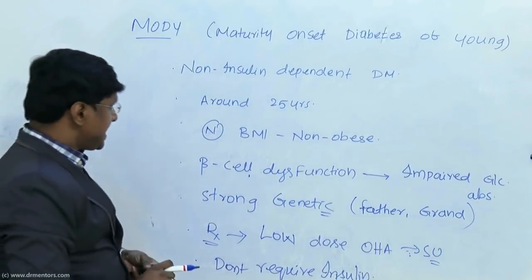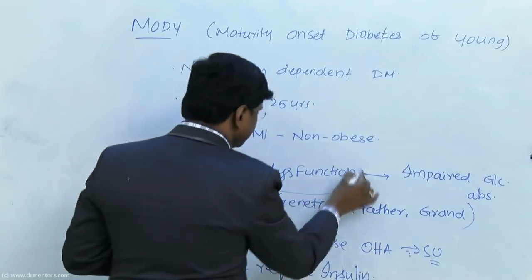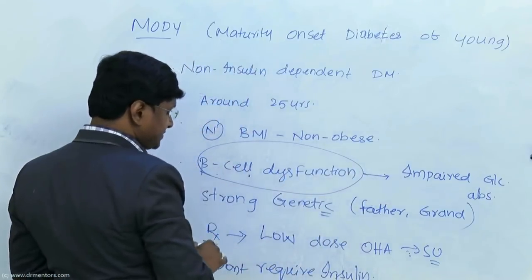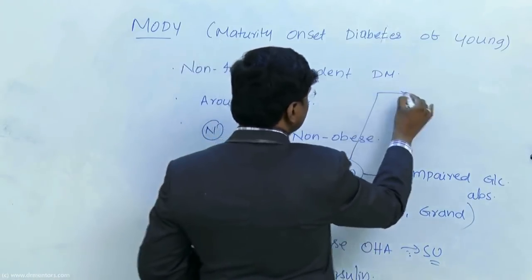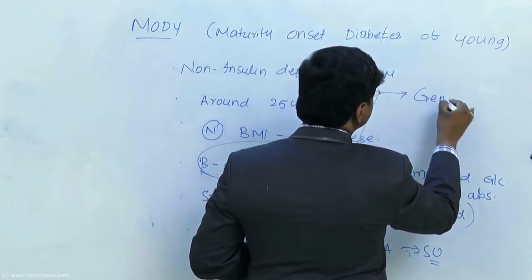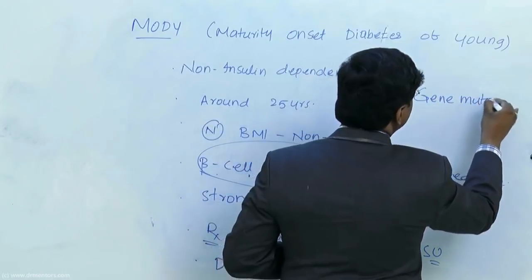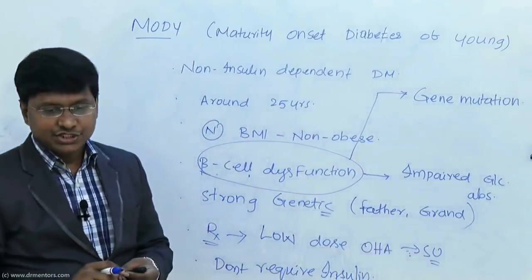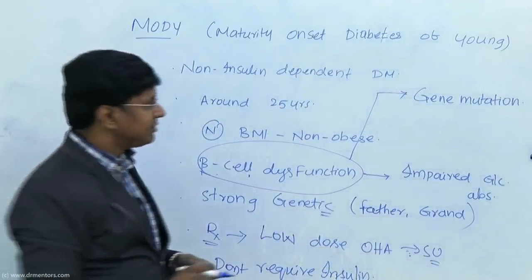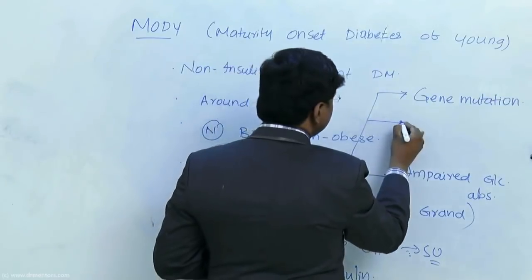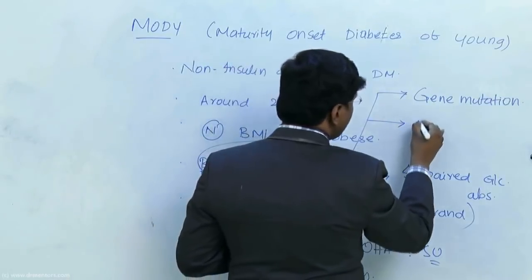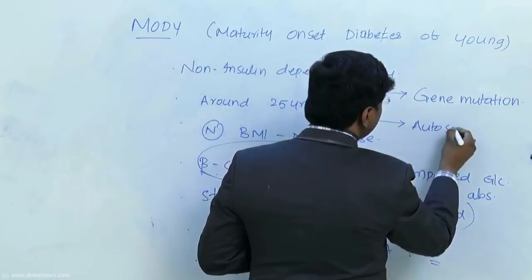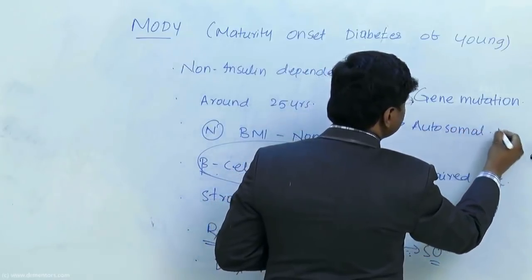And this beta cell dysfunction is mainly because of gene mutation. And an important point you have to remember is that MODY has an autosomal dominant type of transmission.